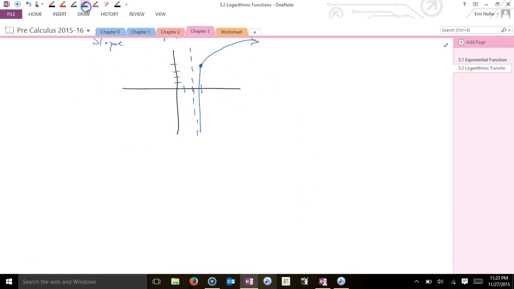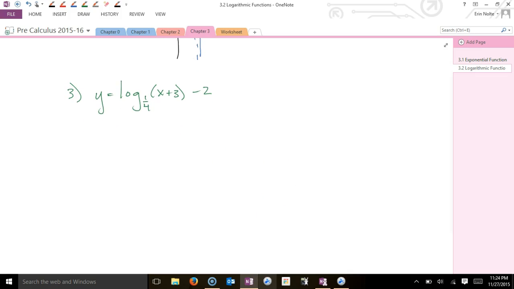Okay, here's my big "do you really got it" one. See if we can figure this out. First of all, if I have minus 2, what direction does that go? Down 2. Plus 3 on the inside?